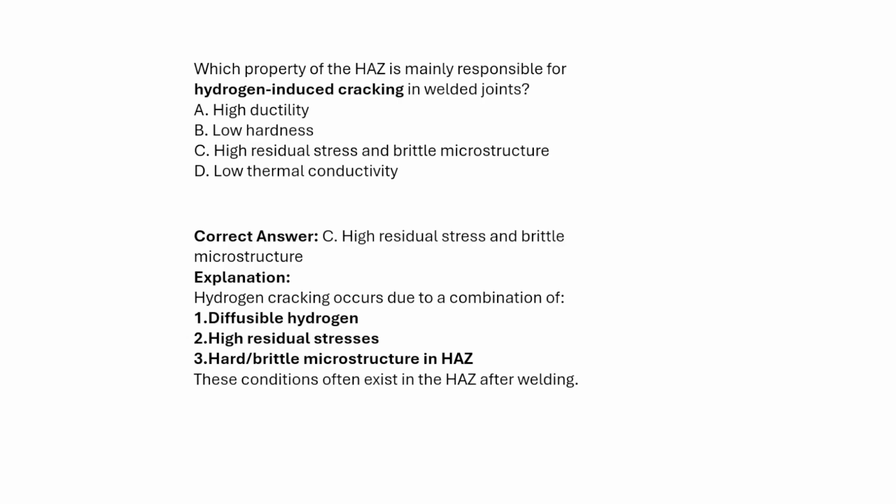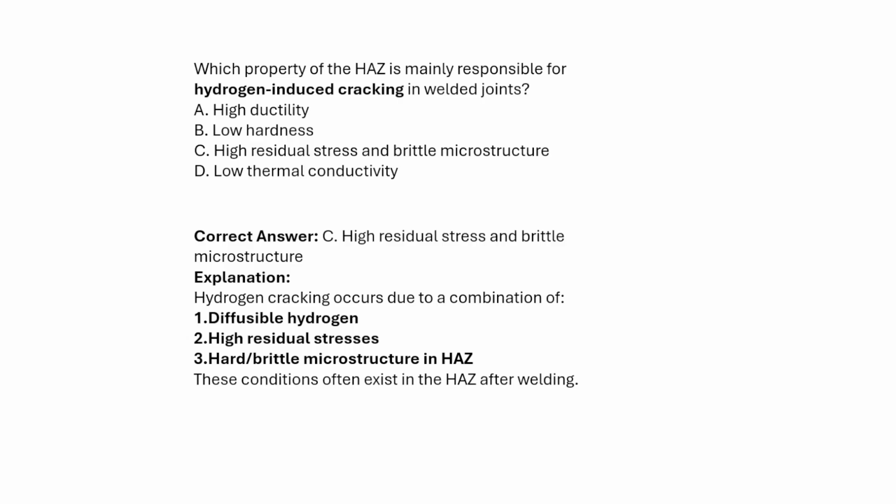Which property of the HAZ is mainly responsible for hydrogen induced cracking in welding joints? Okay, what is it? Hydrogen induced cracking: high ductility? No, it will not have high ductility. Next is low hardness? No. High residual stresses and brittle microstructure? Yes, that could be. And D is low thermal conductivity.